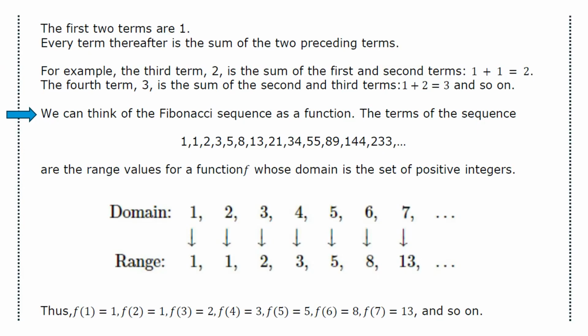So we have our domain 1, 2, 3, 4, 5, 6, 7, and so on, and then the range. So the first term is 1. The second term is 1, the third term is 2, the fourth term is 3, and then so on. Thus, f of 1 equals 1, f of 2 equals 1, f of 3 equals 2, f of 4 equals 3, f of 5 equals 5, and so on.